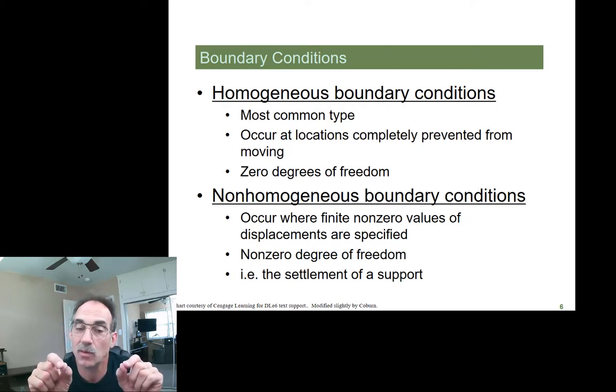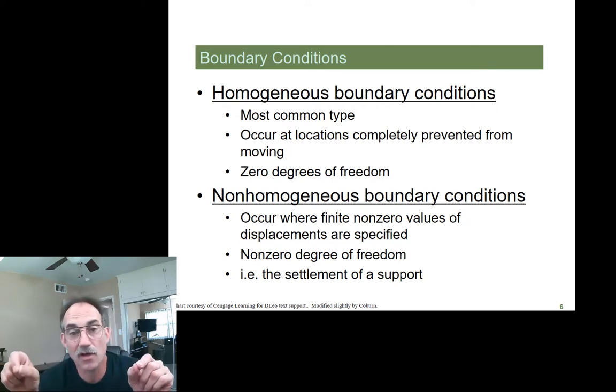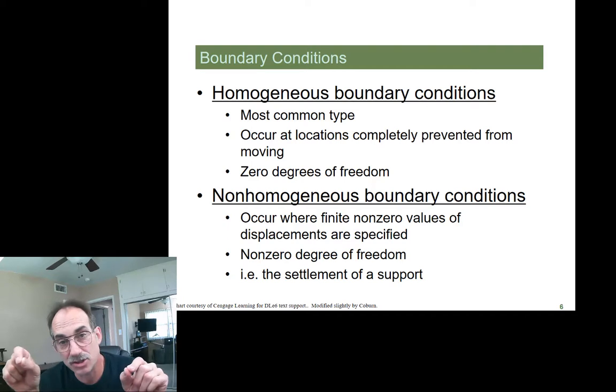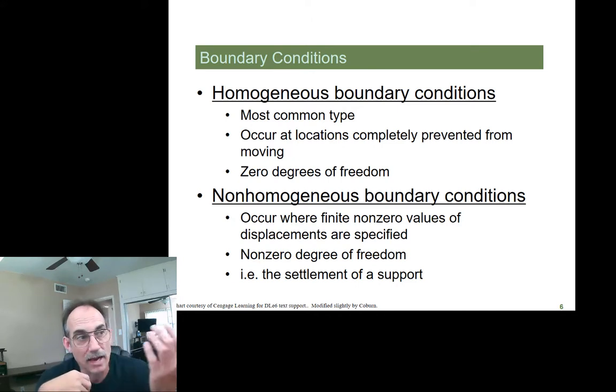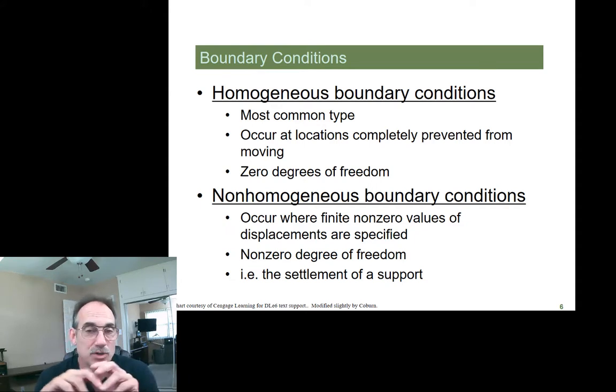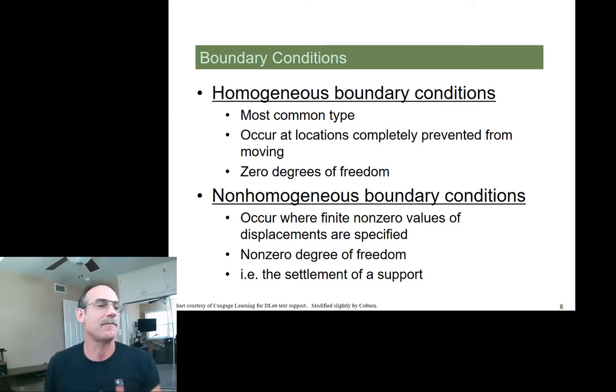Or if you take a structure with no thermal, but you just pull on the node, impose a constraint, it can be challenging to figure out what all the internal forces are. The same thing is true here, but this is just going to set our problem either into a homogeneous problem, which will be a little bit easier, or a non-homogeneous problem, which will be a little bit harder. Got that?